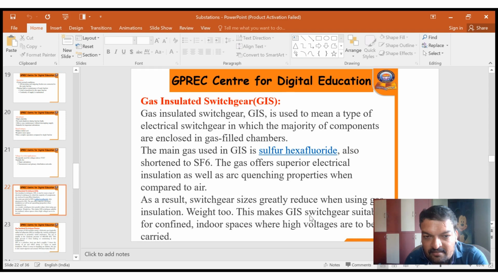As a result, switchgear size and weight are greatly reduced when using gas insulation. This makes GIS switchgear suitable for confined indoor spaces where high voltages are to be handled. So gas insulated substation is generally preferred for its superior electrical properties and arc quenching properties.